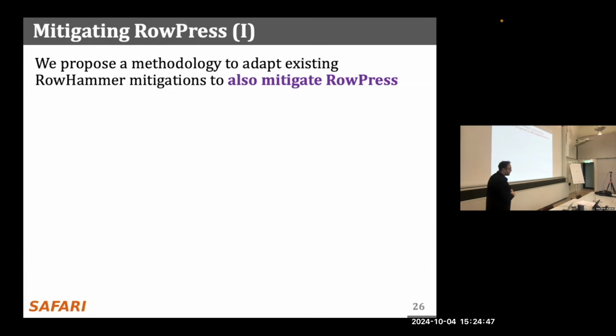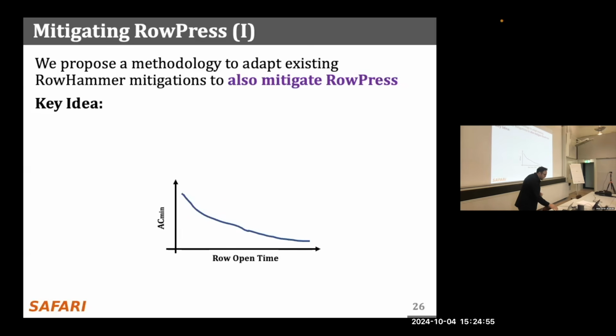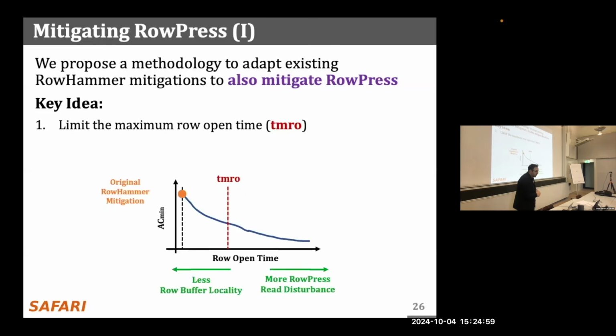So how can we mitigate RowPress? We propose a methodology of adapting the existing RowHammer mitigation mechanisms so that they can also mitigate RowPress. How do we do that? We take the row open time into account. On the x-axis, you see the row open time. When you go left, it means less row buffer locality.